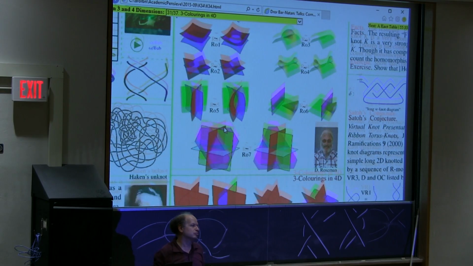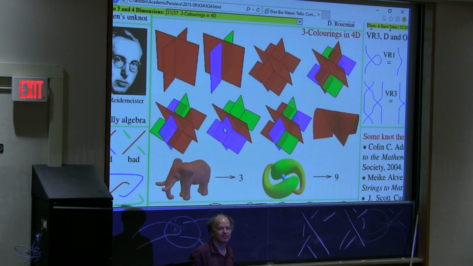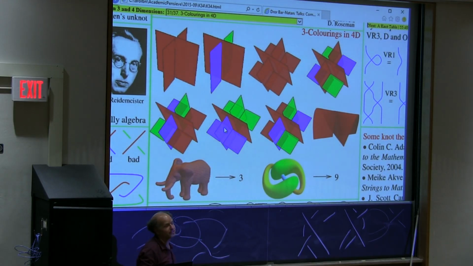Lots of possibilities to check, but it checks. So once you check it, the three coloring invariant is really an invariant and can be used to prove knottedness.